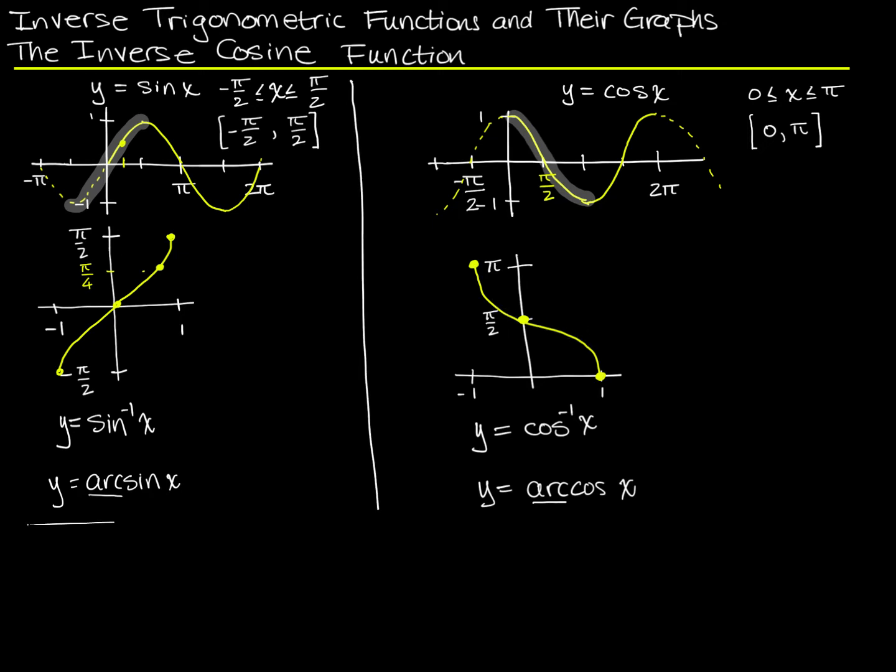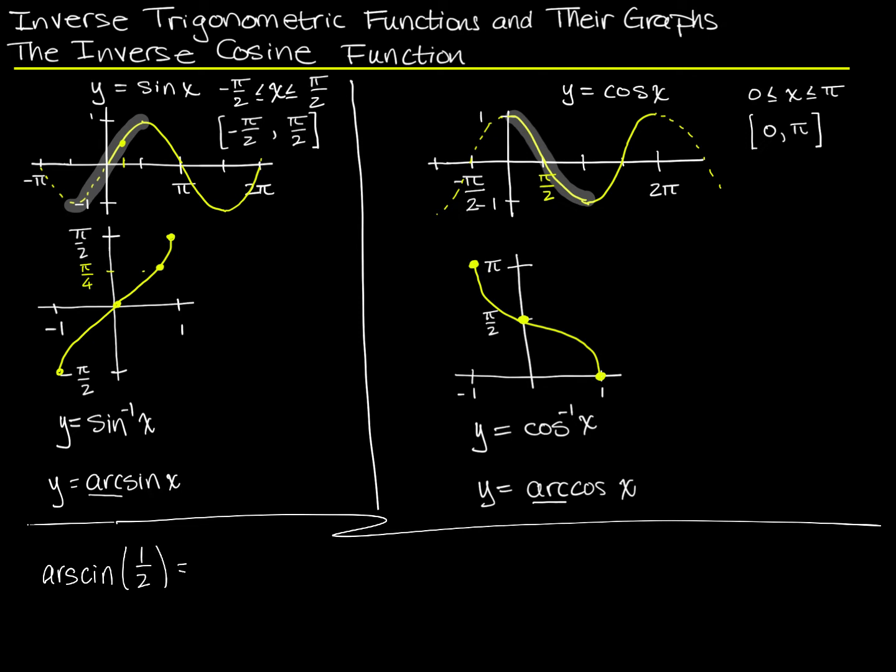Okay, the other thing I want to mention on this screen is that in the same way as we had arcsine of some value equals the angle, I'll call it theta for now, arccosine of some value, I'll go ahead and use the same value, equals some other angle.